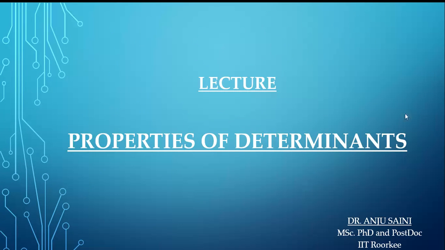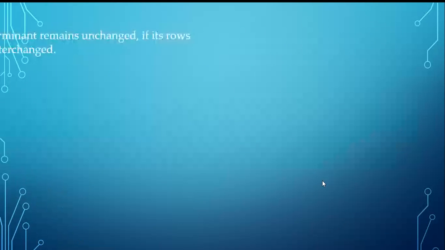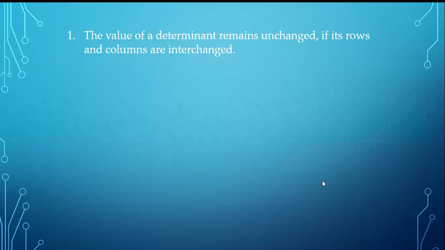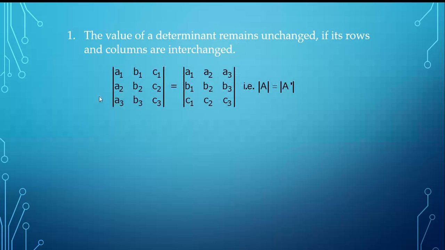The first property is that the value of a determinant remains unchanged if its rows and columns are interchanged. Suppose we have this determinant with rows a1, b1, c1, a2, b2, c2, a3, b3, c3.